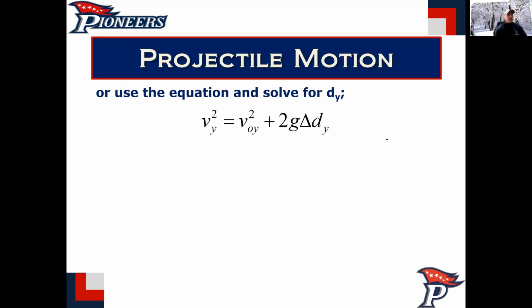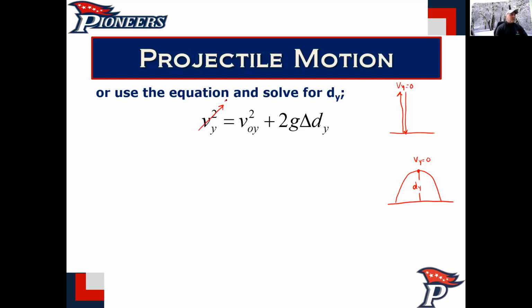This was our go-to equation when we had something go straight up in the air, hit its highest point and come back down, because at the top, we said Vy is equal to 0. So again, the vertical motion of that or this is identical. And so we know at that point right there, Vy is still equal to 0, and we can find this dy value without having to solve for time using this equation.